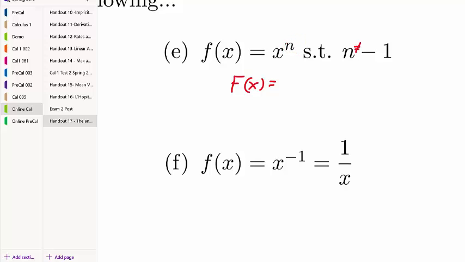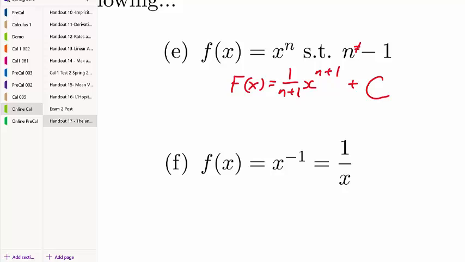It needs to go up by 1. So we write x to the n plus 1, following the pattern we had before. And then this becomes 1 over n plus 1, right? Because this number here and this number here have to match. And there we go. That is an antiderivative. Now let's make it the most general by adding the constant.